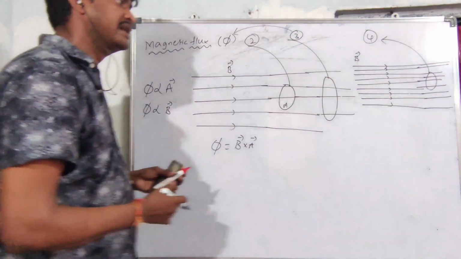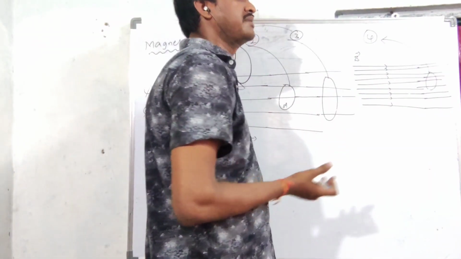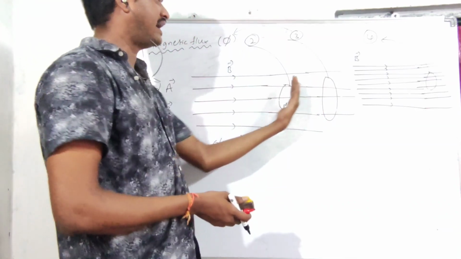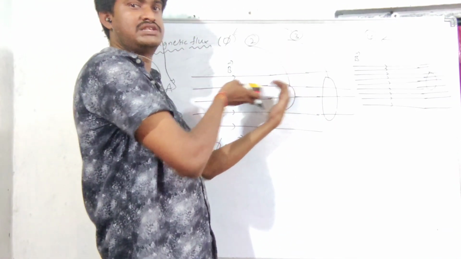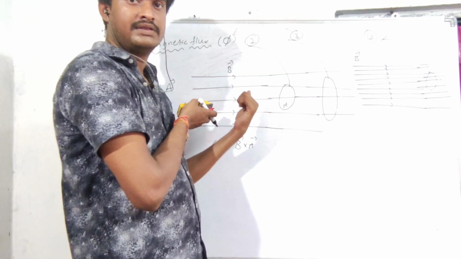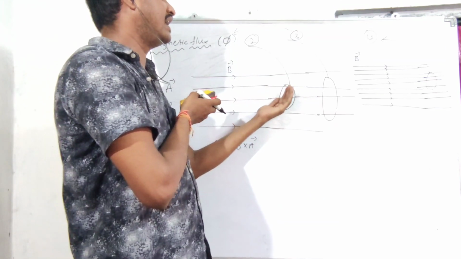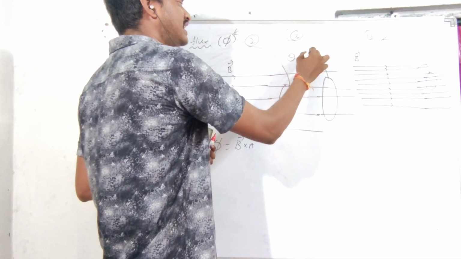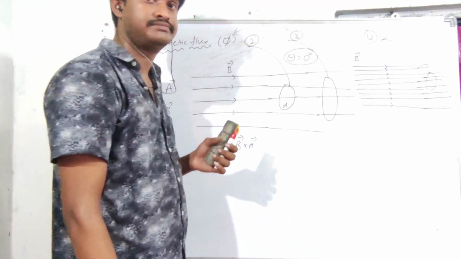Suppose the area of cross section is at some angle. When the magnetic field and area of cross section are parallel to each other, there is no angle between area and magnetic field; the angle is 0, theta is 0.